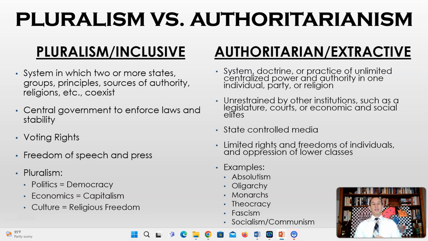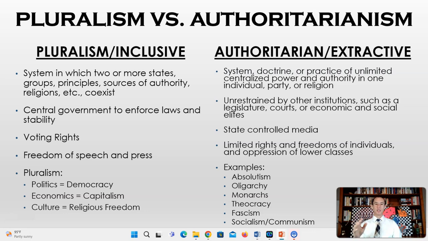And that institution, that individual, that party, they have no restrictions. So there's no legislature or courts or economic elite that can challenge their authority. So authoritarian governments are the norm throughout human history. Authoritarian governments that are extracting the wealth, they're the norm.